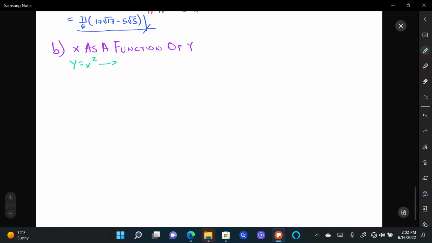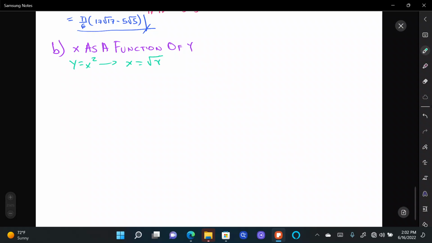To isolate the x, we need to do the opposite of squaring, which is the square root. x equals the square root of y, and I know you might be thinking, should we put plus or minus because of the square root property? Technically we should, but in this case, since we are working only with the positive part of that parabola, we don't need to do this.